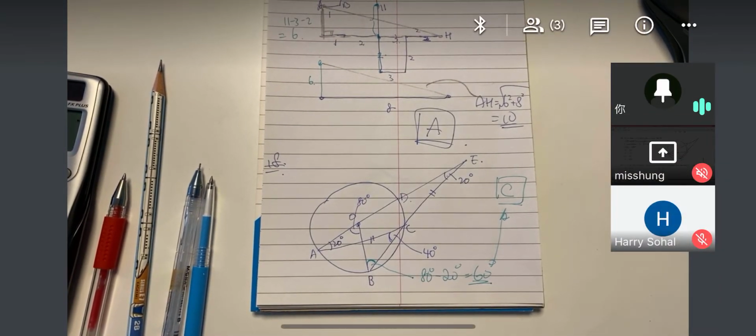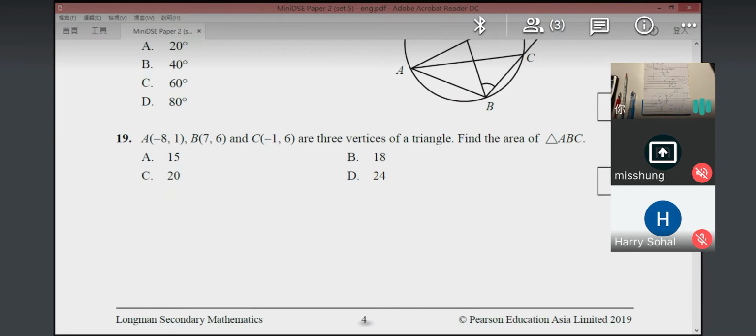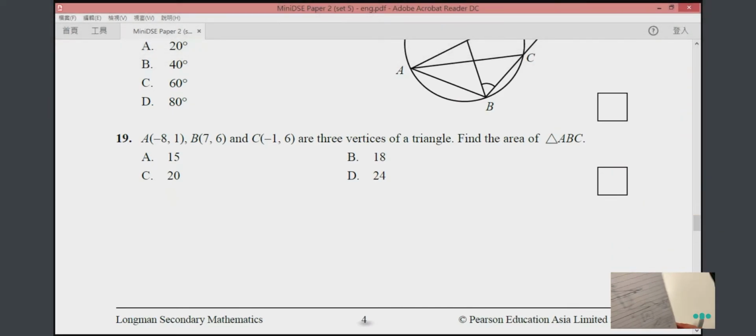And then for number 19, it has 3 vertices. It's so simple. Just write down or draw out the coordinates, and then you can find that point C and point B form a horizontal line. Then you can find the area simply by finding the base and the height easily.